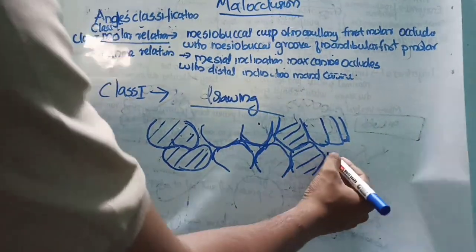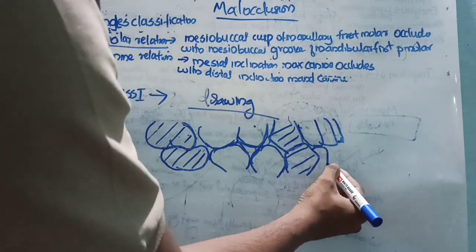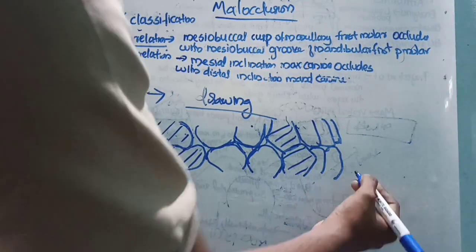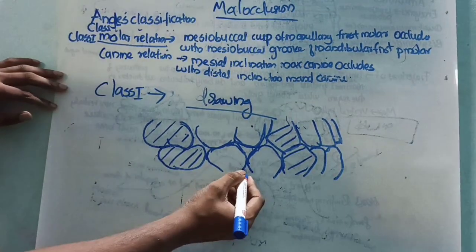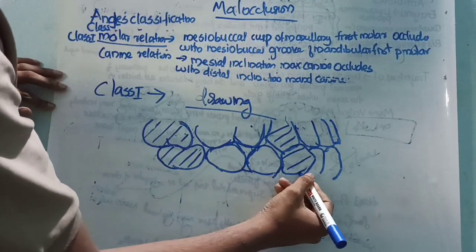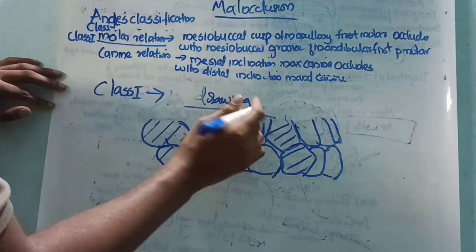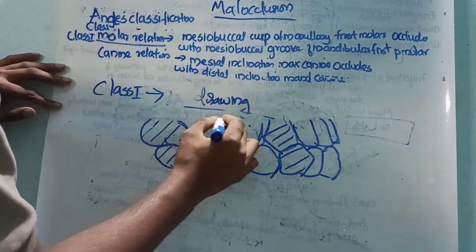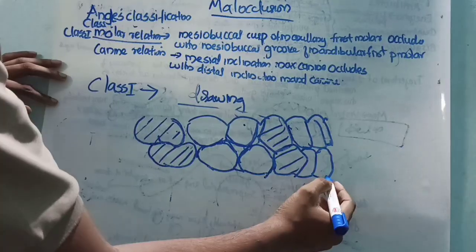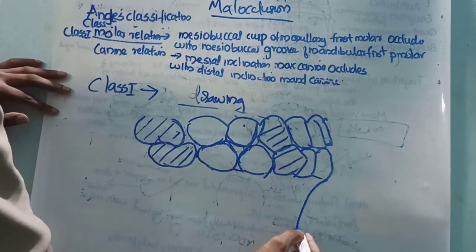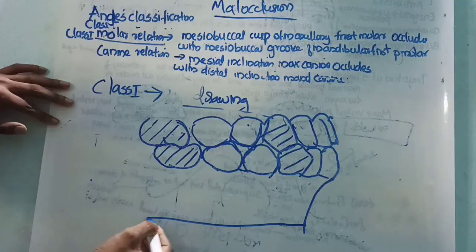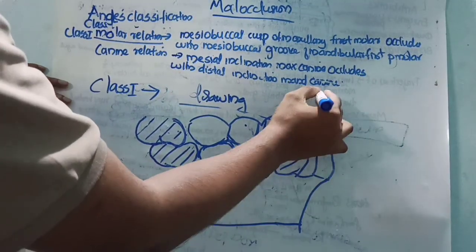And here also we have to draw the lateral incisor and central incisor. Yes, we have to draw like this, and here also like this. Next thing we have to draw the remaining portion just like this, and just like this.